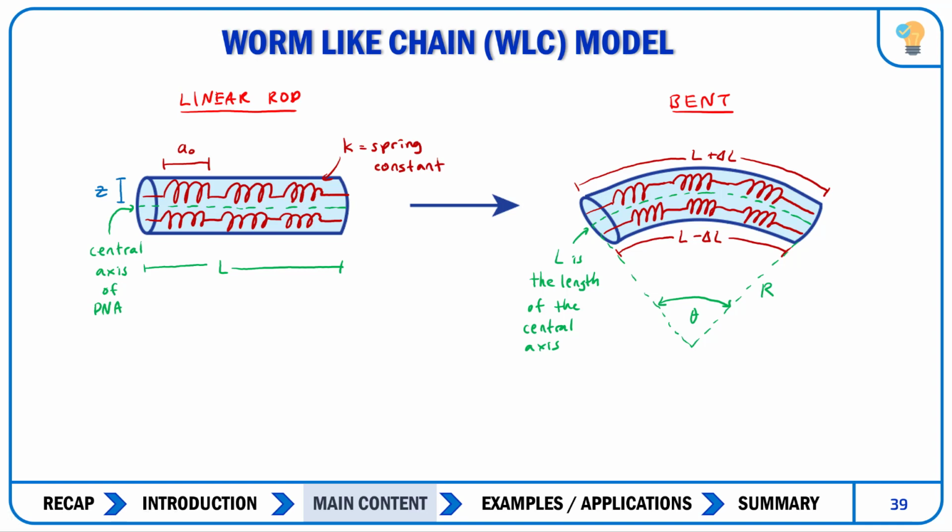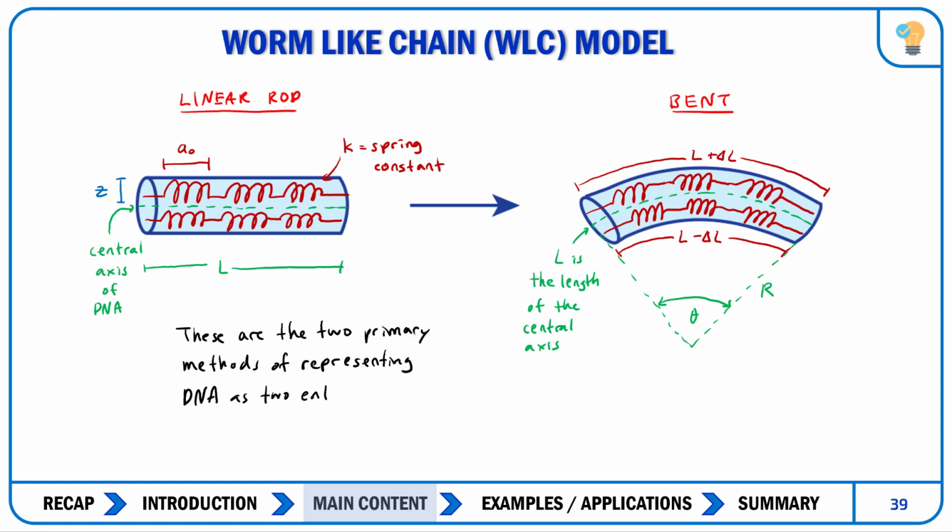So just to recap, these are the two primary methods of representing DNA as two entropic springs.